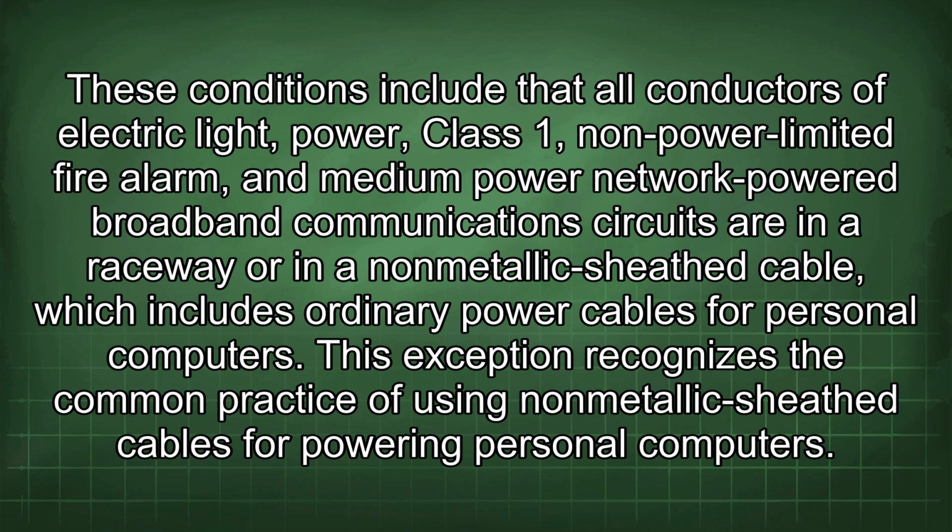These conditions include that all conductors of electrical light, power, Class 1, non-power limited fire alarm, and medium power network powered broadband communications circuits are in a raceway or in a non-metallic sheath cable, which includes ordinary power cables for personal computers.